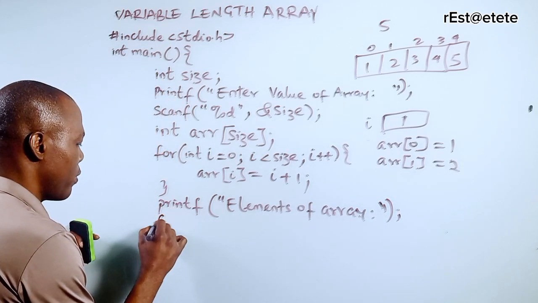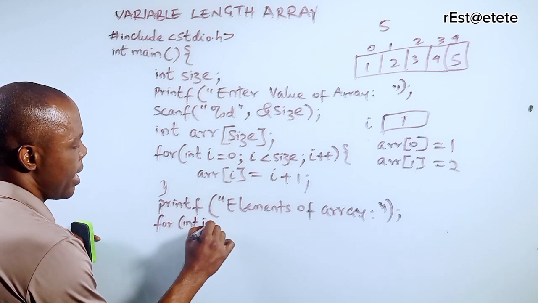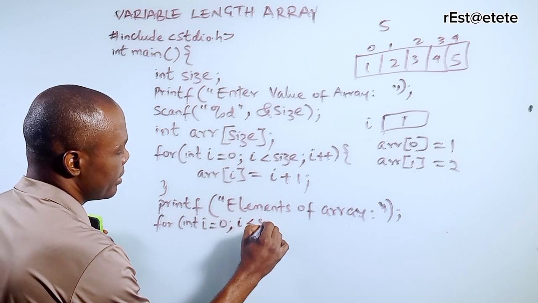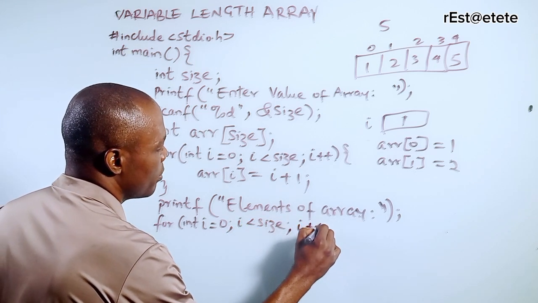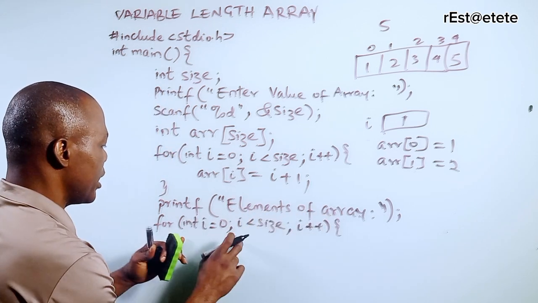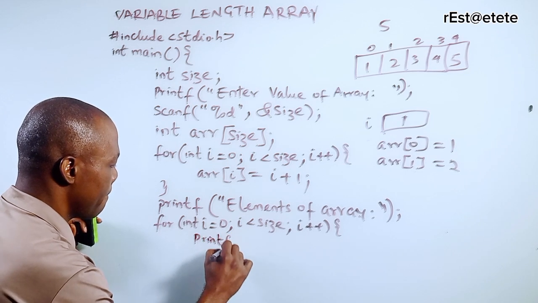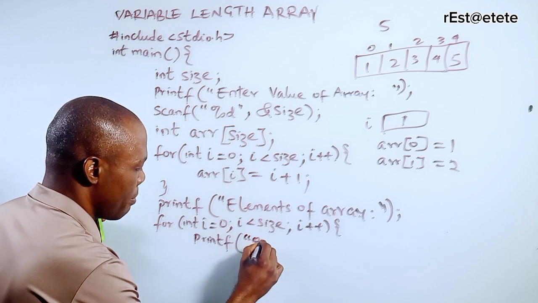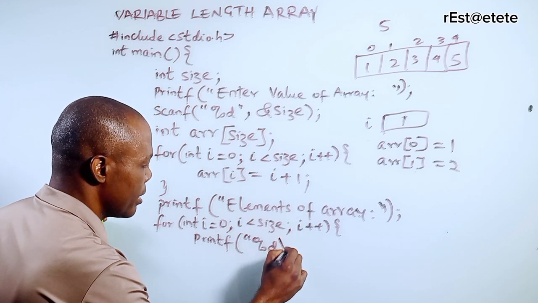So I'll bring in my for loop: for int i, i less than size, i plus plus. Then inside this for loop, I will say printf "%d\n".